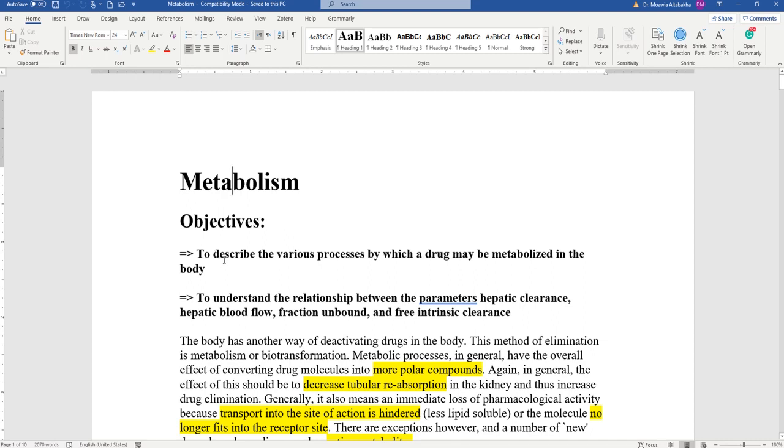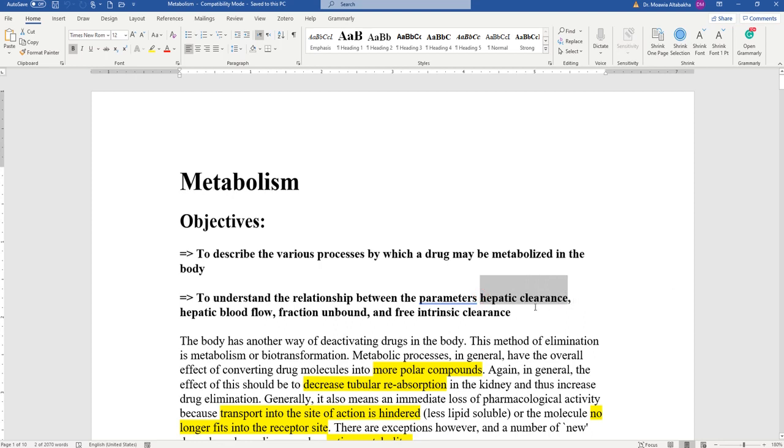You are supposed to know the various processes by which a drug is metabolized. Another thing, we want to know the effect of hepatic blood flow, fraction of the drug that is unbound, and the intrinsic clearance on hepatic clearance.